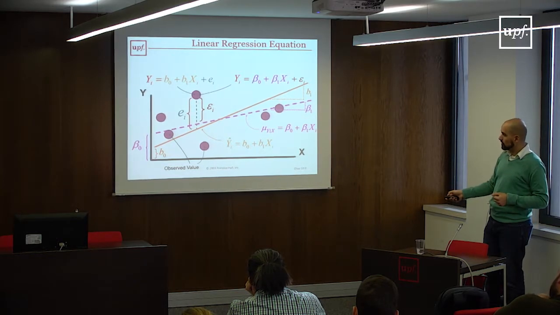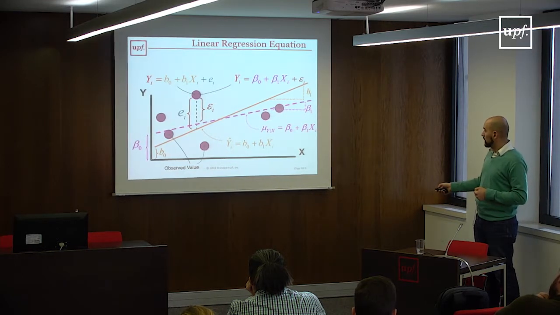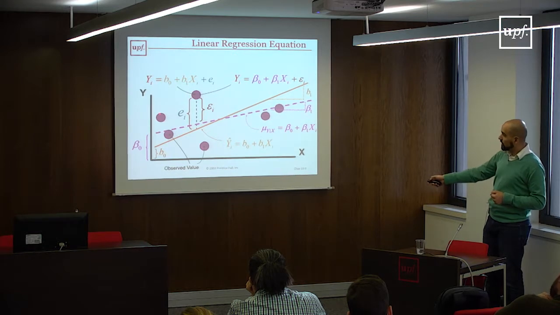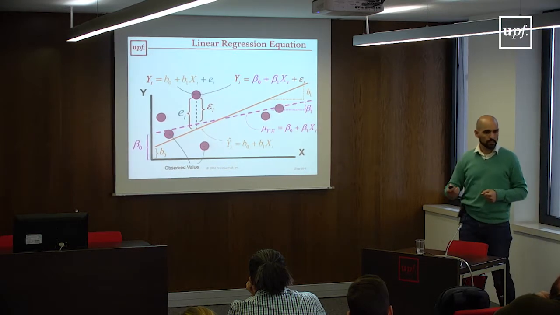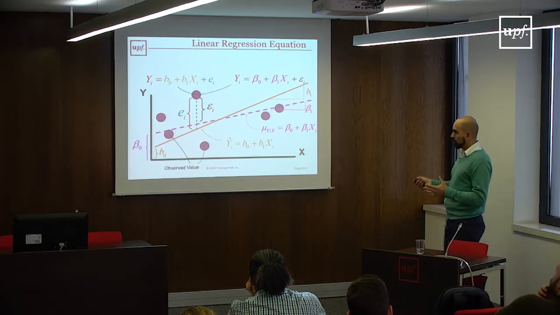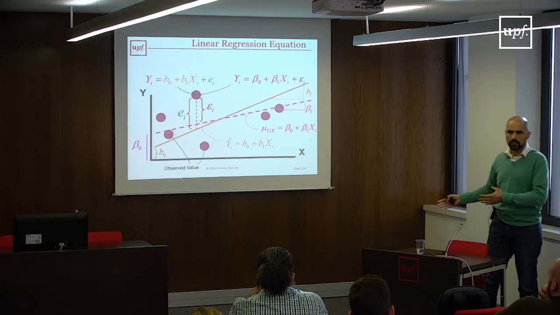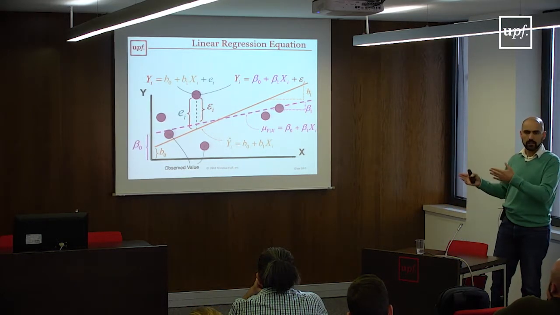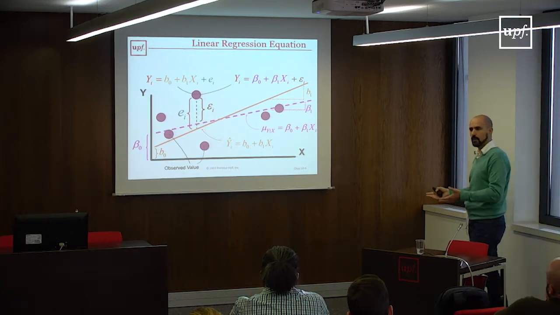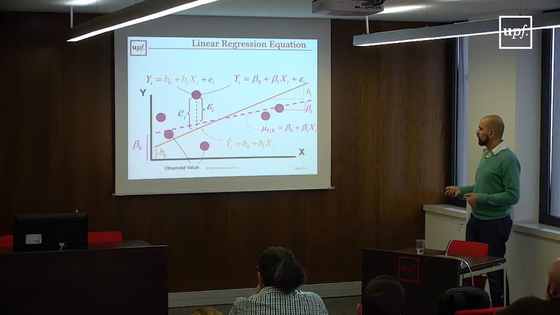The estimator of beta 0, which is B0, the estimator of the conditional mean, the estimator of the slope, the estimator of the error, which is the residual. Okay? Similarly to what we have seen for the analysis of variance, we have a set of values which are real and which we cannot measure directly, so we have to estimate them. And we can work with the estimation.